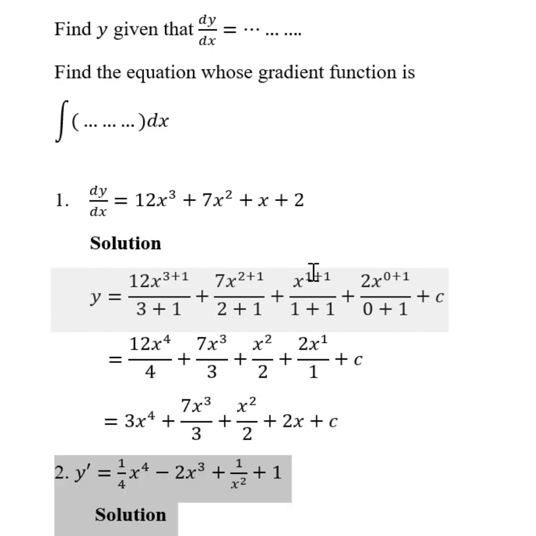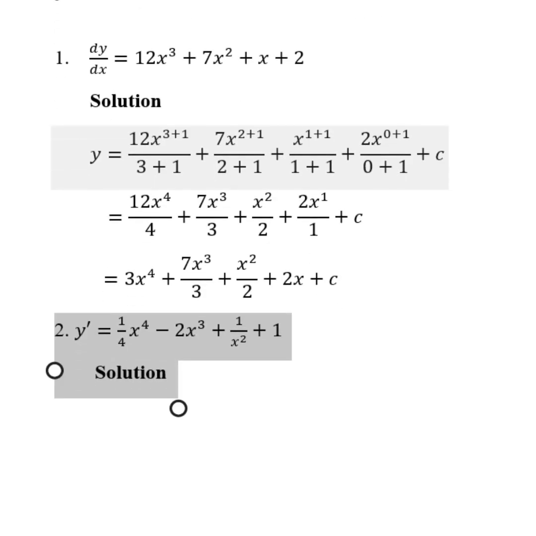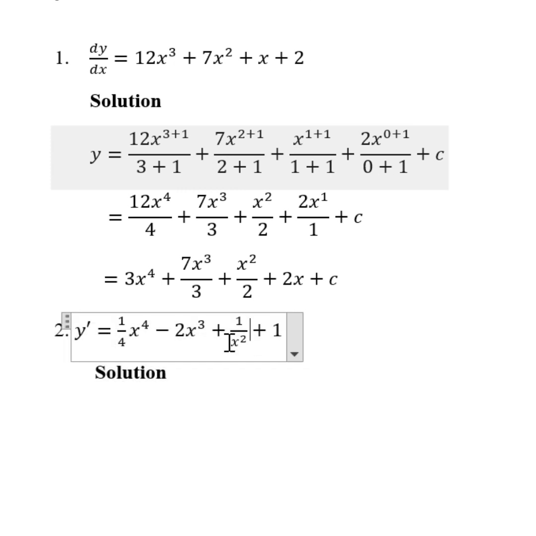Second question we have been given y prime is equal to a quarter x raised to power 4 minus 2x cubed plus 1 over x squared plus 1. You're supposed to integrate that. Now the first thing you do is to try to ensure that you don't have the unknown we are integrating with respect to on the denominator side.